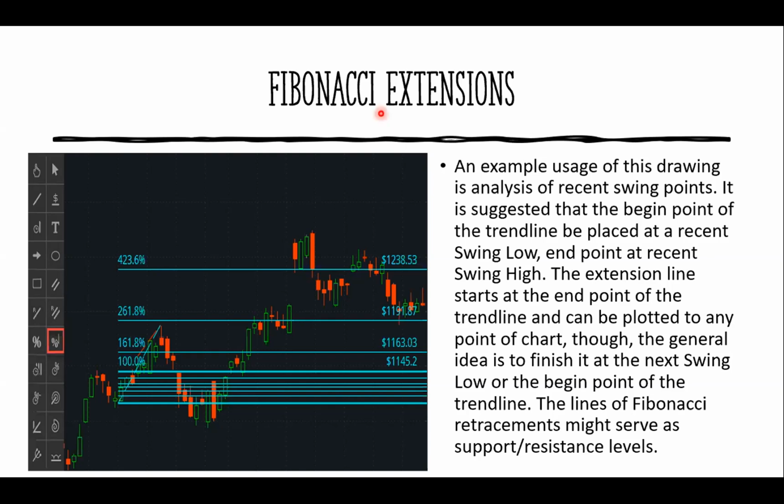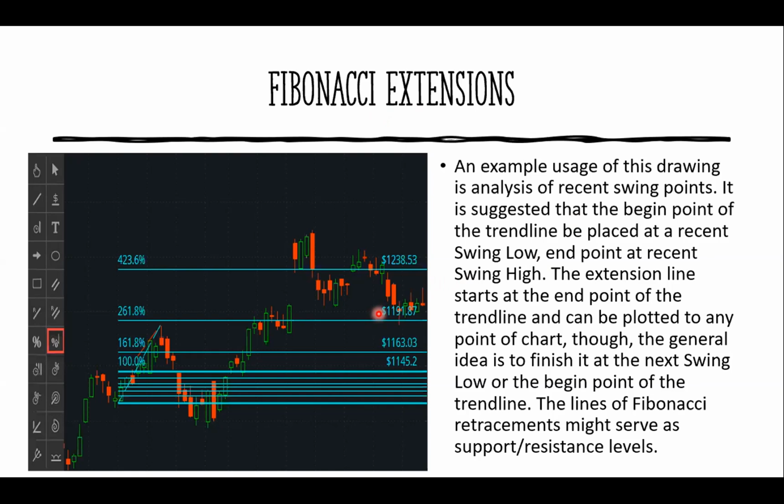An example of the usage of this drawing is an analysis of recent swing points. It's suggested that the beginning point of the trend line be placed at the recent swing low and at the recent swing high. The extension line starts at the end point of the trend line and can be plotted at any point of the chart, though the general idea is to finish it at the next swing low or the beginning point of the trend line.